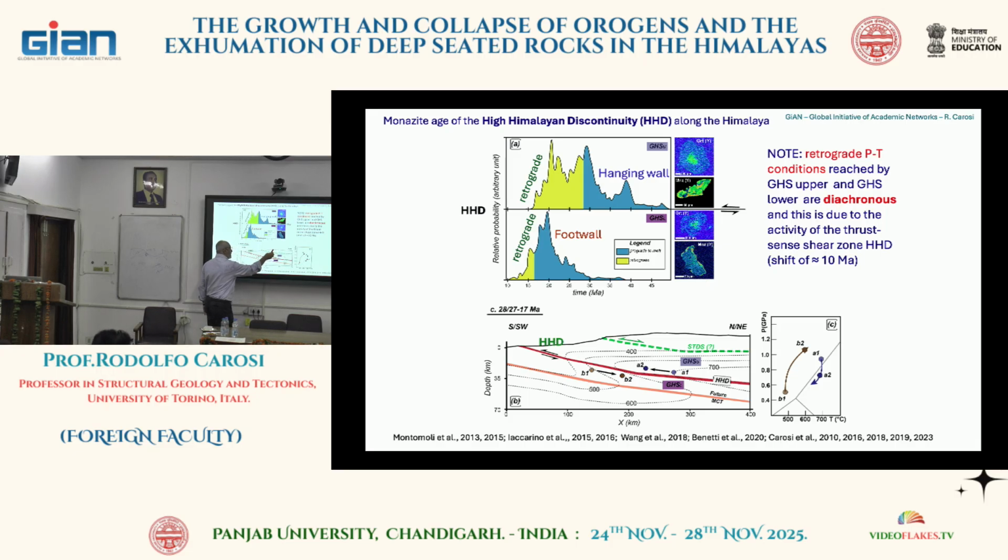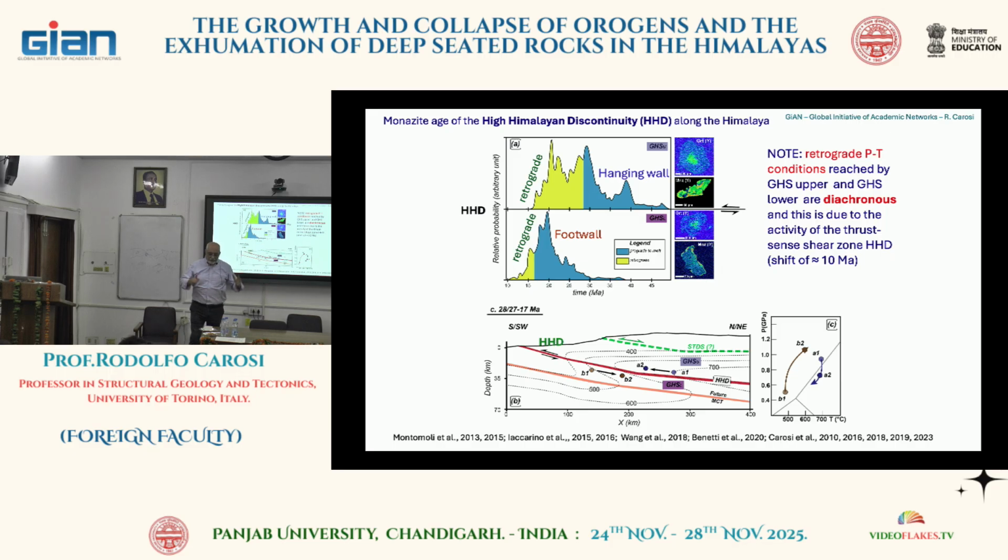These rocks are brought to the surface. So a rock from position A1 goes to position A2. From A1 to A2, there is exhumation, development of foliation, decreasing in pressure and later in temperature in this time span of activity of the shear zone. So this different behavior in the hanging wall and the footwall is caused by the activity of this shear zone.